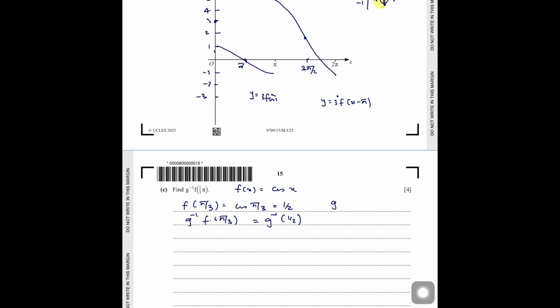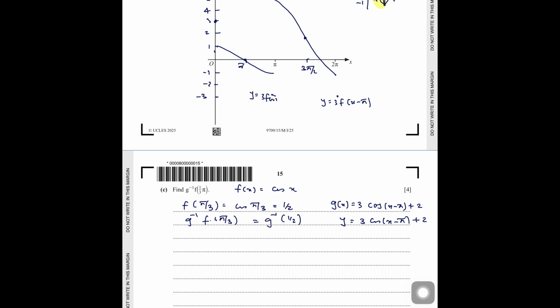So I have g(x) equals 3 cos(x minus pi) plus 2. So I'm writing y equals. So now interchange x and y. So how do I write? Okay, let's go through that. How do I find an inverse? First write the function in terms of y equals something, 3 cos(x minus pi) plus 2.